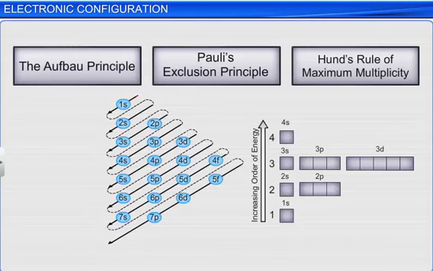For example, in potassium, the electrons enter into various orbitals, that is, 1s2, 2s2, 2p6, 3s2, 3p6, and 4s1, in accordance with Aufbau's rule. However, in some cases, the actual configuration differs slightly from the expected ones.